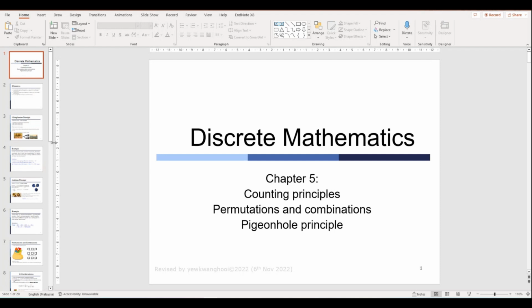Anybody? You can write in the chat section, or you can just say it out loud. What is the difference between permutations and combinations? Unsure? Nobody wants to try? If you're shy, you can just write in the meeting chat.